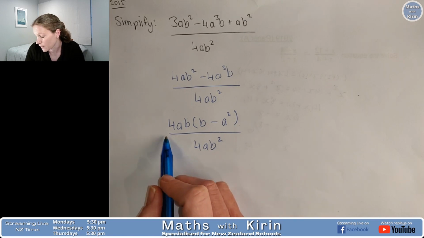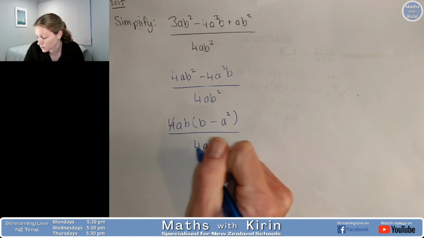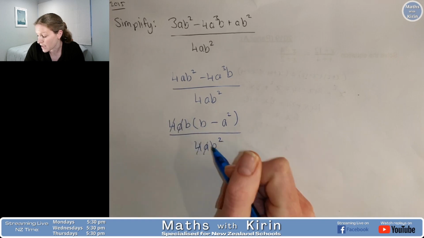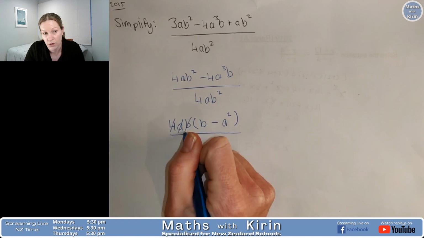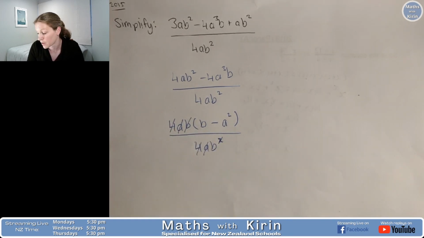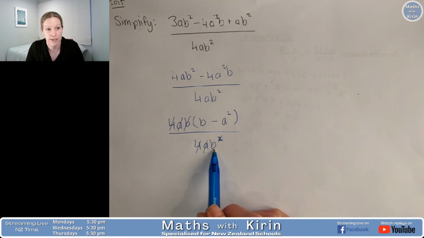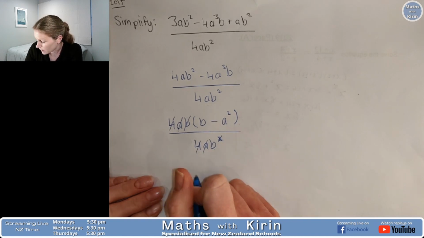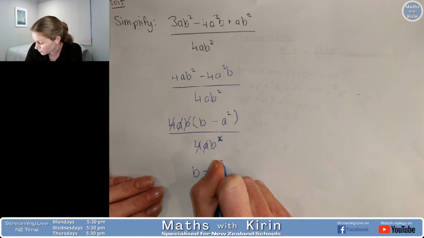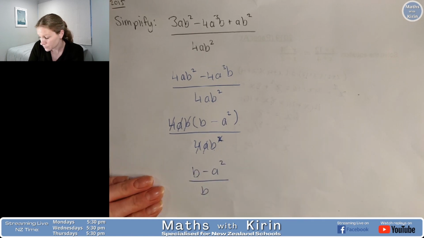Looking for our common factors, we can cancel the 4s, we can cancel the a, and we can cancel the b at the top with one of the b's at the bottom. So instead of being b squared, we're just left with b, which means our final answer is just b minus a squared all over b. That's fine, you can leave it like that.